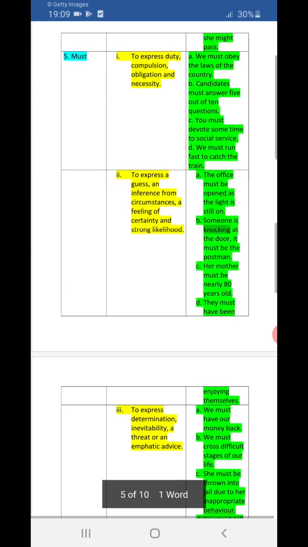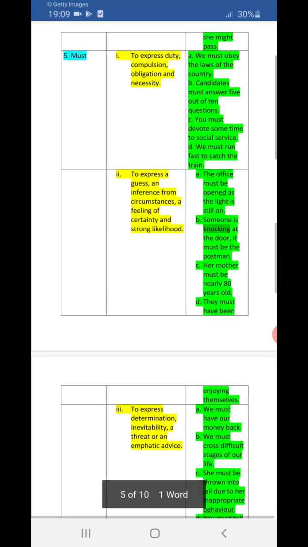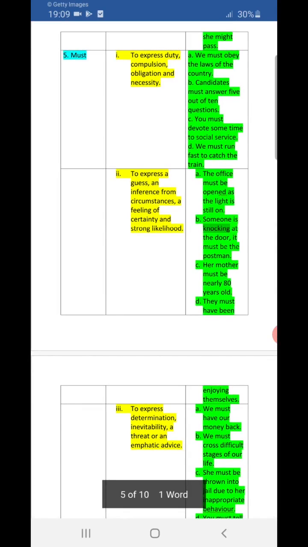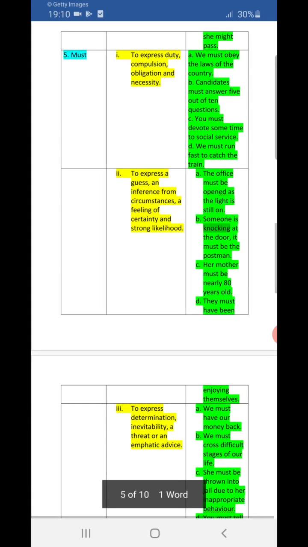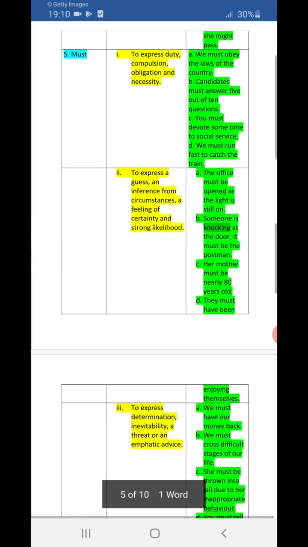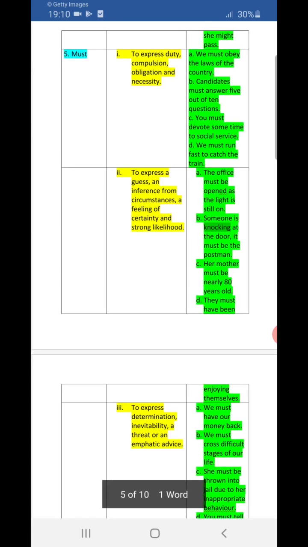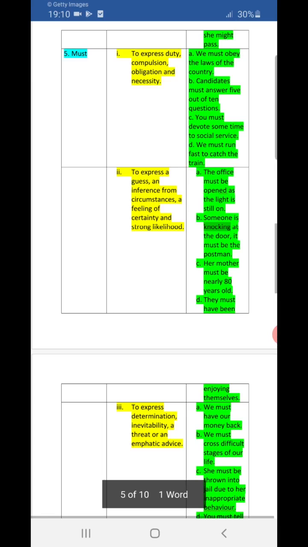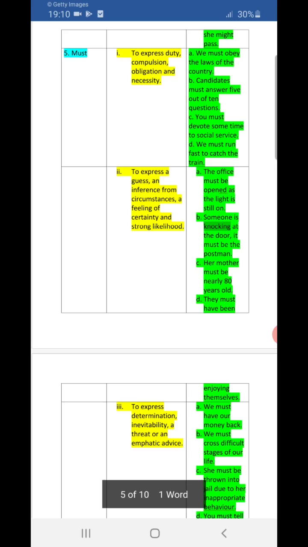Next, number C. Her mother must be nearly 80 years old. So it's a guess or certainty somehow that he or she over here is almost near to that age.